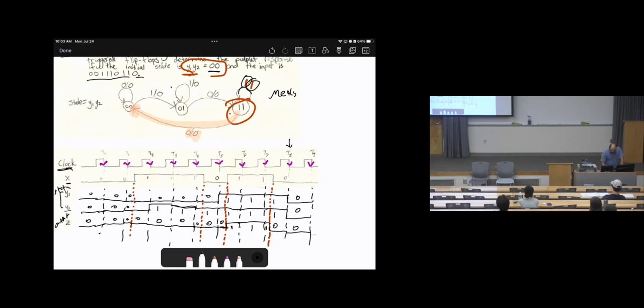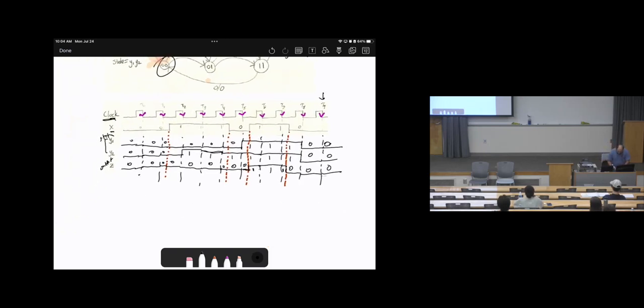Then the last update at T9, we are currently at 0, 0. If the input is 0, the output is 0, and we will remain at 0, 0. So here the input is 0. This will make everything zeros. Okay?